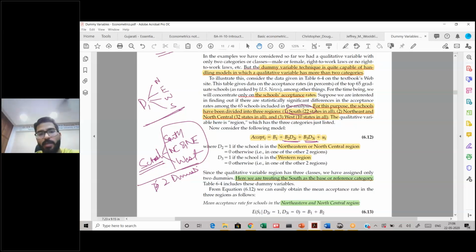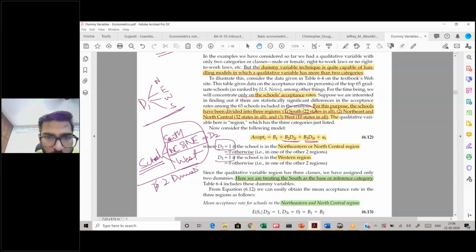What will be the base category? Suppose I say that D2 is equal to 1 if the school is northeast or north central, and D2 is equal to 0 otherwise. That means if the school does not belong to northeast or north central, then D2 will be equal to 0.